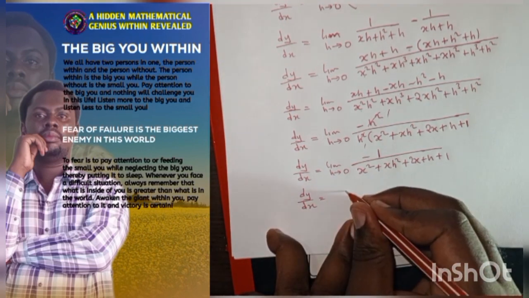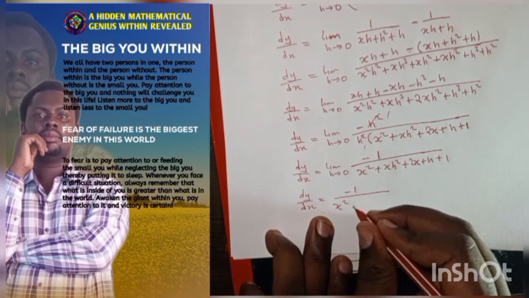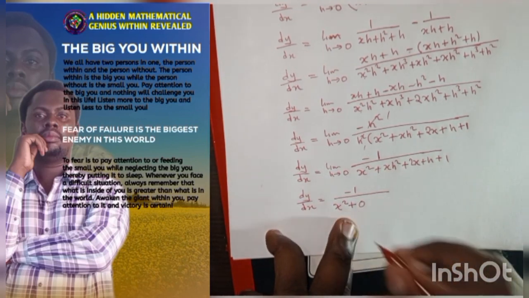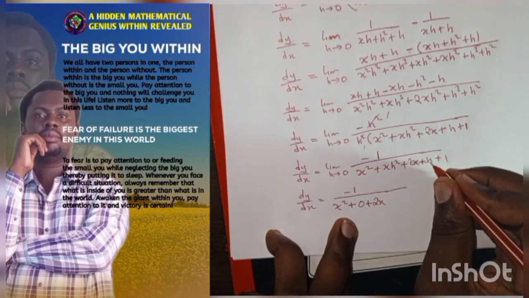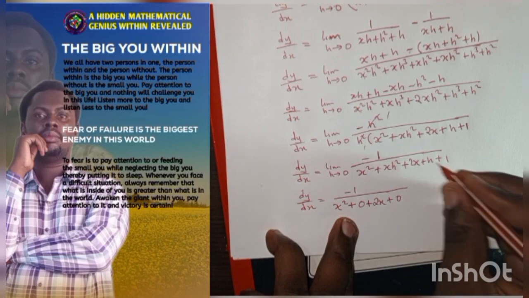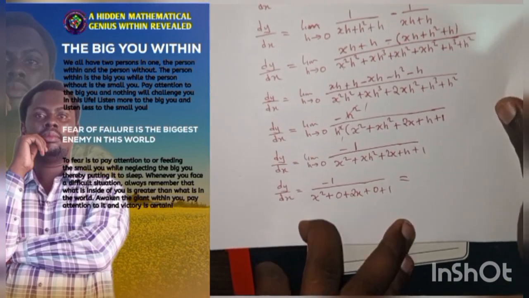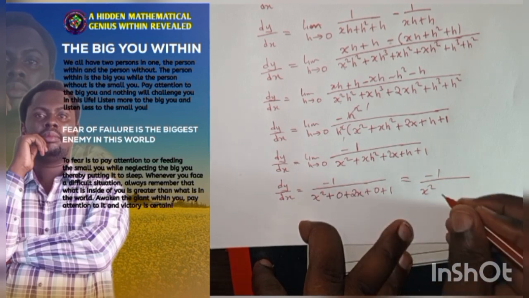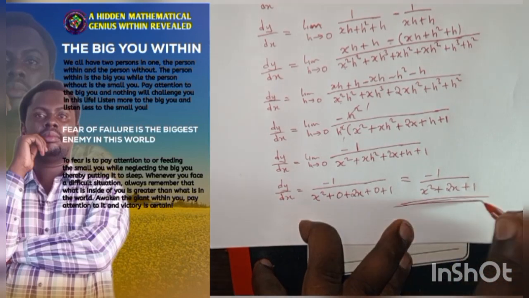So dy/dx is equal to minus 1 over x squared plus, this is h is 0, so 0 multiplied by x will be 0, plus we have 2x, this is h is approaching 0, so plus 0, then plus 1. Okay, so this is equal to minus 1 over x squared, 0 is nothing, so we have plus 2x plus 1. So that is the final answer.